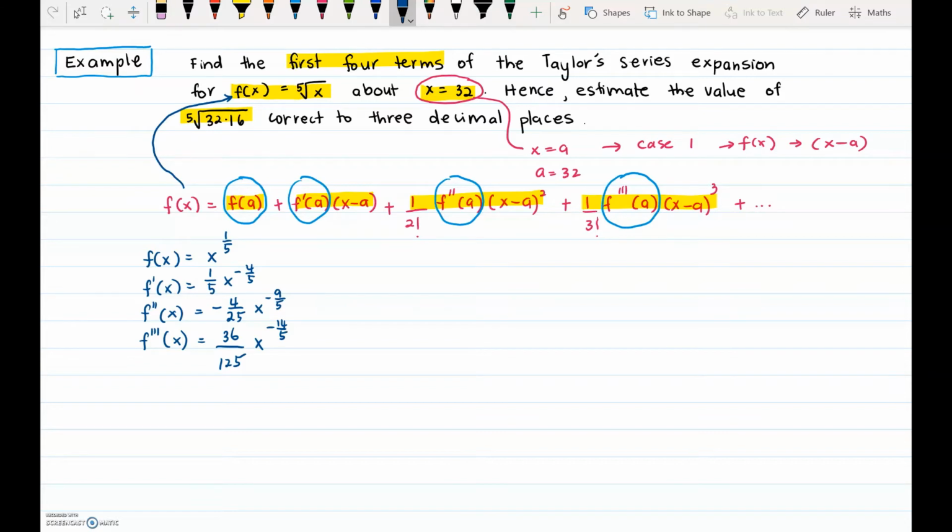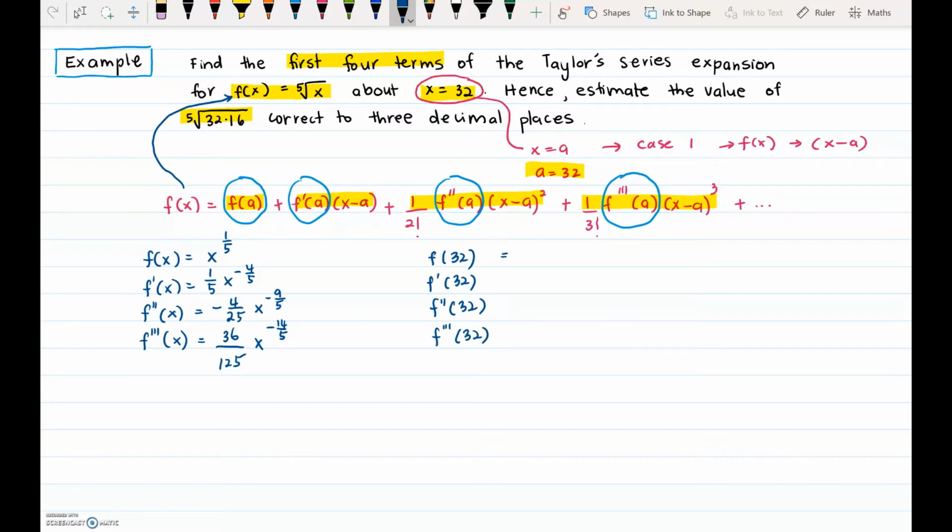Next we will find f(a). Your f(a) is f(32), and this is your a. So we want to find f(32), f prime 32, f double prime 32, and f triple prime 32.